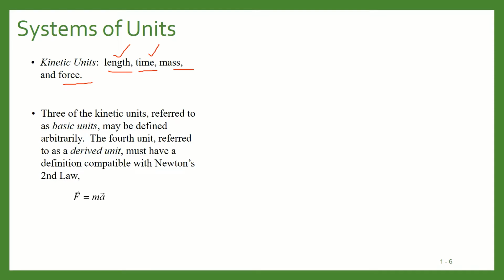So for length, meter; for time you can define second; for mass you can have kg. The fourth unit, which is also called a derived unit, must have a definition compatible with Newton's second law. So the unit for force you will find by using the second law.